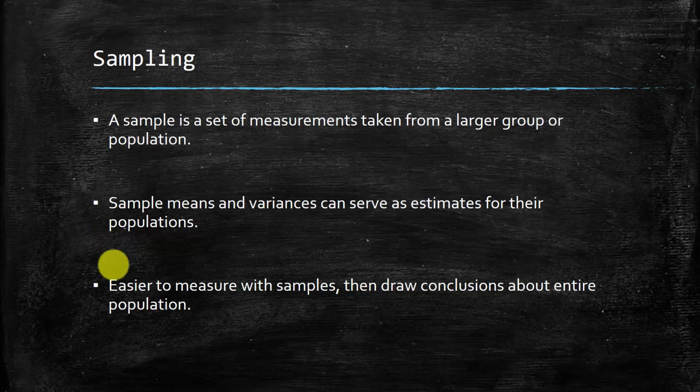So this is why we're estimating something about the population from the samples. Generally, it's easier to measure with samples, then draw conclusions about the entire population, because it's generally impossible or difficult or expensive to measure everybody.